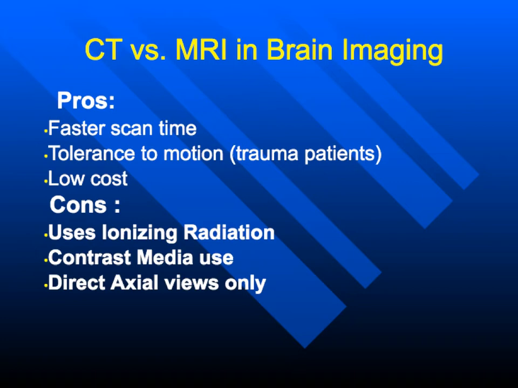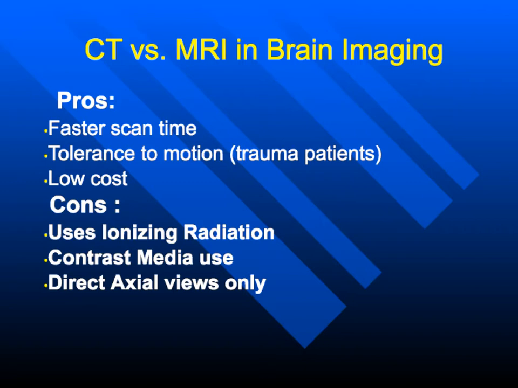Most of the time we use contrast media, and then it gives you direct axial images only. Yes, you can do reconstruction and MPR and all the stuff we talked about before, and 3D images, but your direct slices are axial. You cannot get direct coronal and sagittals from a CT.